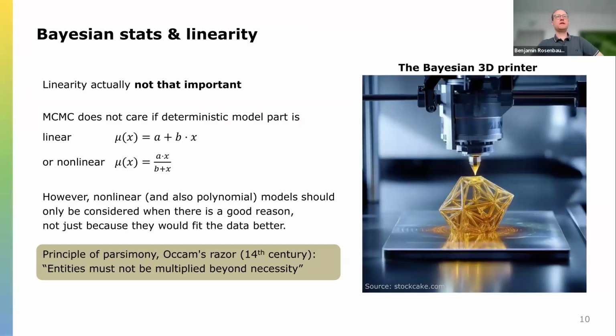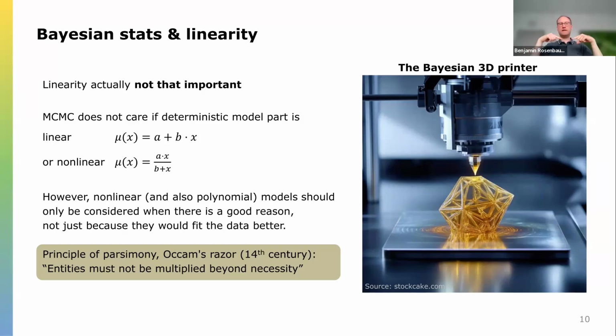But in Bayesian statistics, linearity is actually not that important, because we are sampling the parameters by MCMC anyway. So the MCMC does not care about linearity of the model, right?